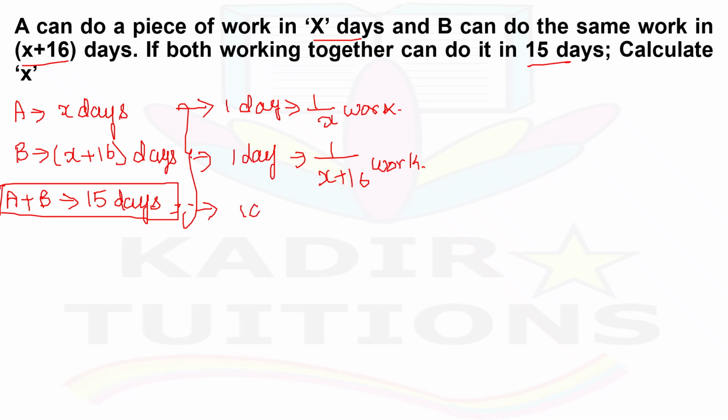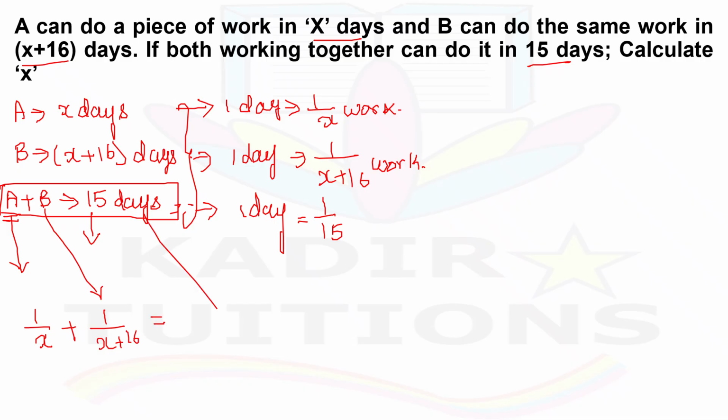In one day, how much work will they do? It's nothing but 1 by 15. So using this as a reference, we are going to frame an equation. In one day, A can do 1 by x, plus B can do 1 by x plus 16, which is equal to what A and B together can do in one day, which is 1 by 15.